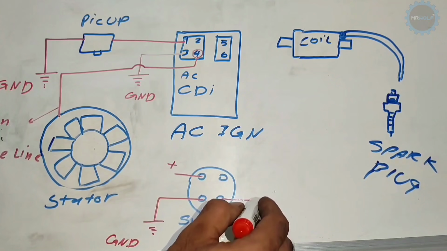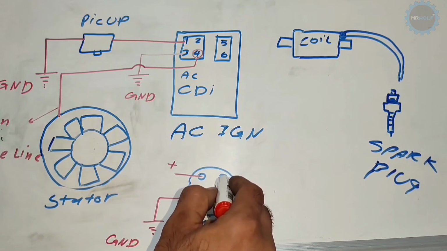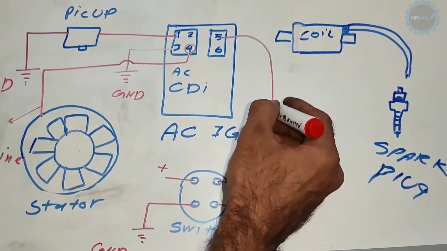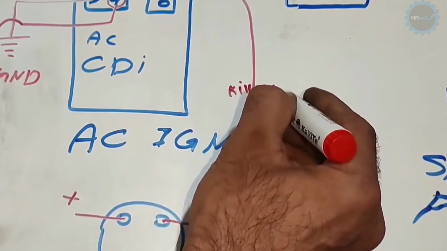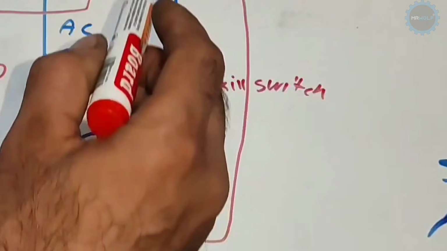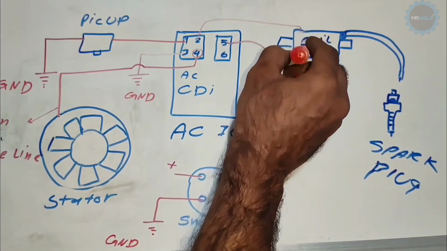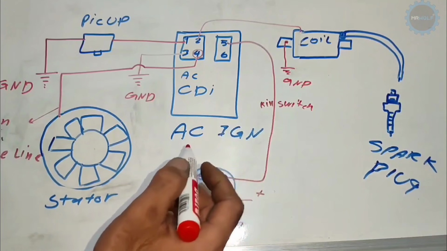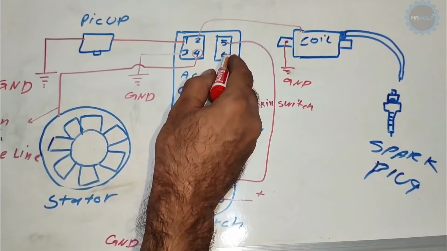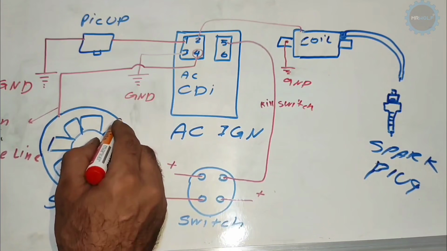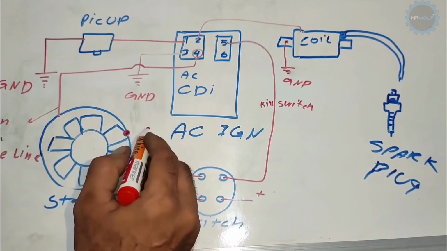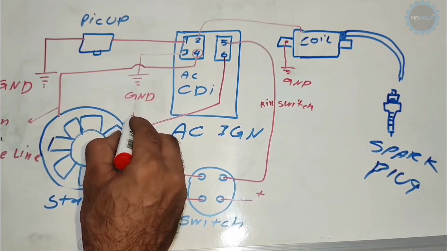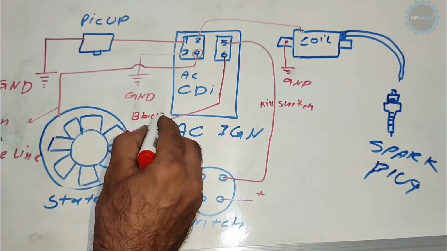Pin number 5 connects to the black wire with white line color of the switch. And pin number 2 of the CDI also goes to the coil. As you can see, pin number 6 is connected to the AC power stator coil, the black wire with the red line. This is the AC ignition system diagram.